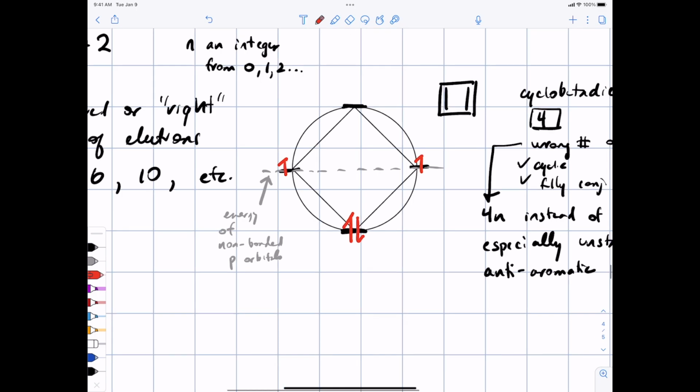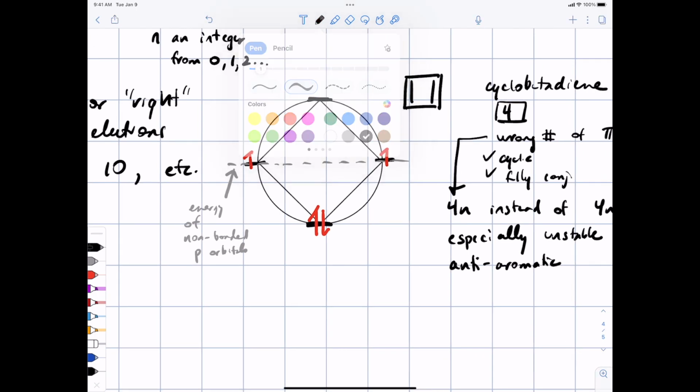So in fact, this molecule, as we've drawn it, cyclic, fully conjugated, all the bonds equal length, wrong number of electrons, is as reactive as a diradical. Whereas benzene is more stable than you would expect for 3 isolated pi bonds, cyclobutadiene is less stable than you would expect for 2 isolated pi bonds. It reacts as a diradical.